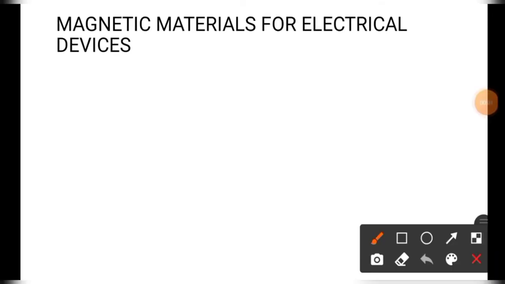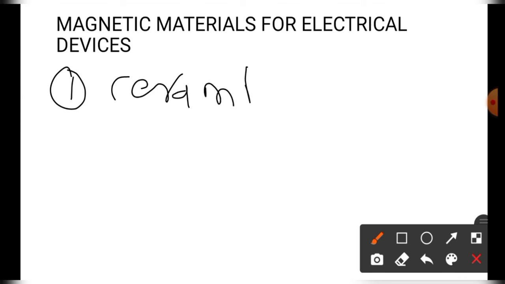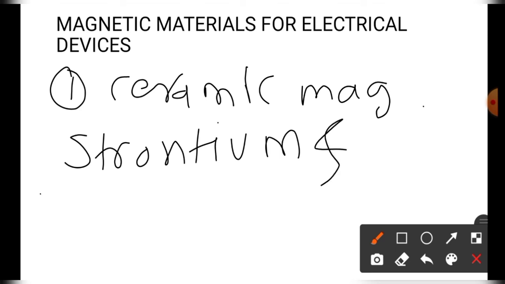Relay uses permanent magnets. First magnet is the ceramic magnet. It is composed of strontium and ceramic base material.